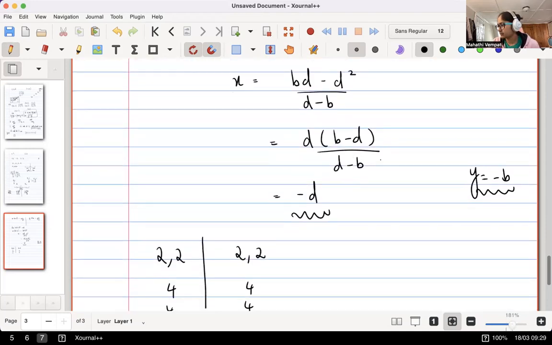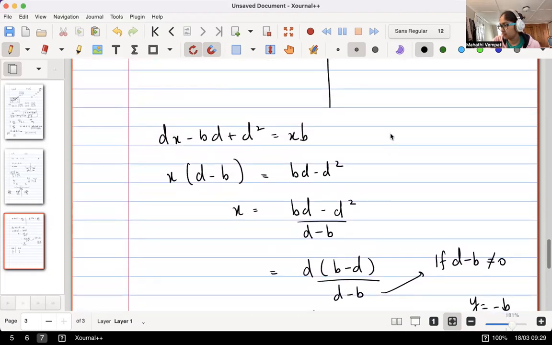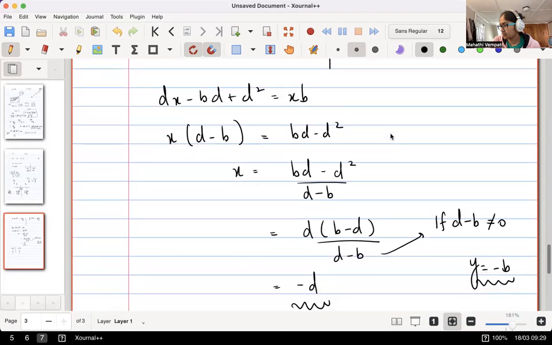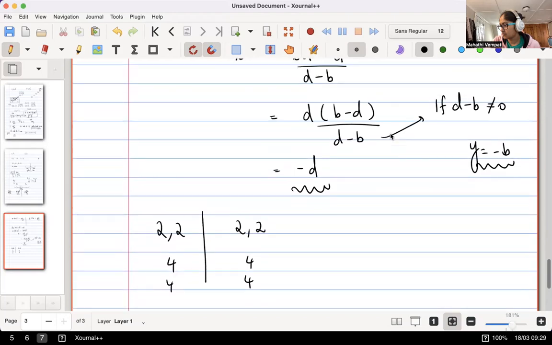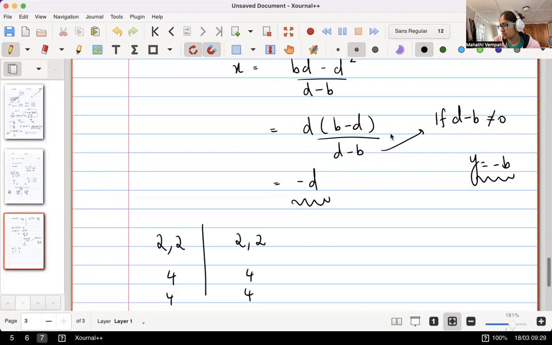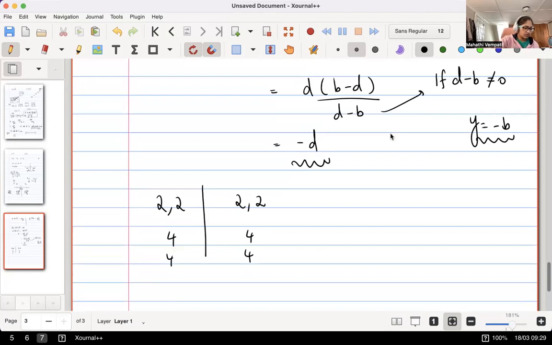Okay, yeah. Basic stuff, man. Okay, yeah. If d minus b is not equal to 0, then... Interesting.